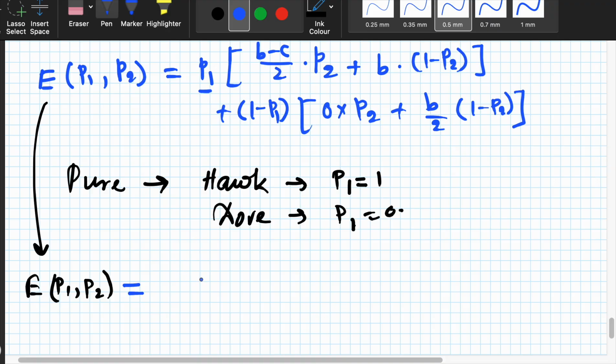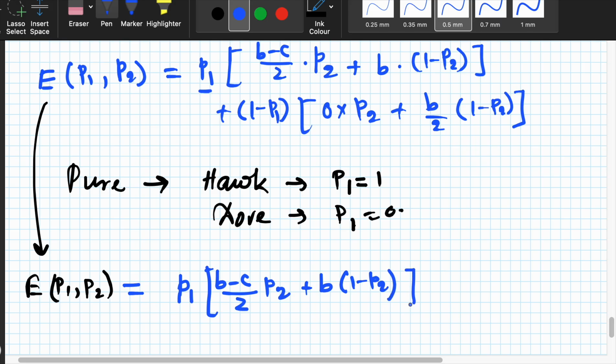If I calculate it, this will be p1 into (b minus c)/2 p2, plus p1 minus p2, and here it is b/2 (1 minus p1)(1 minus p2).